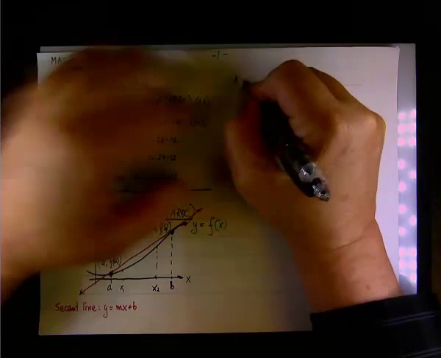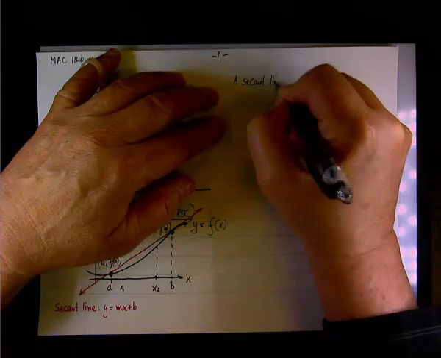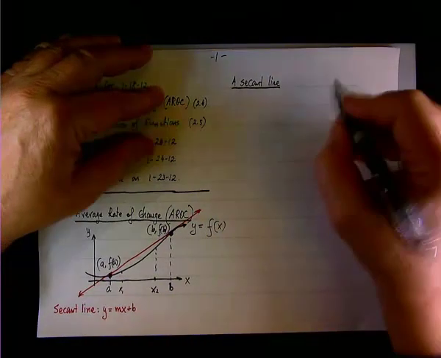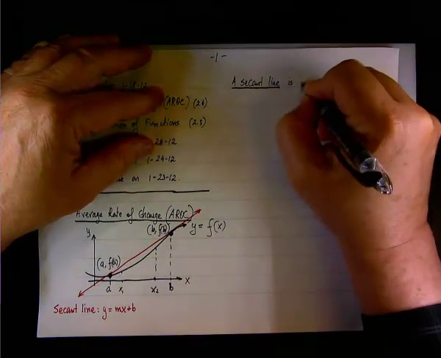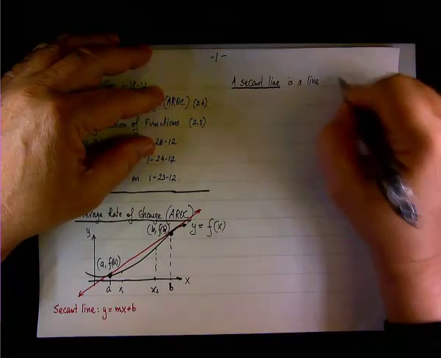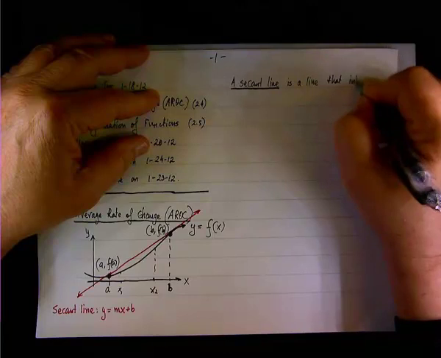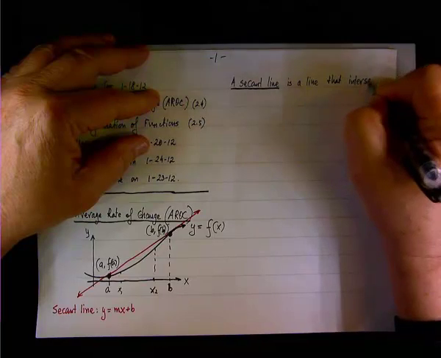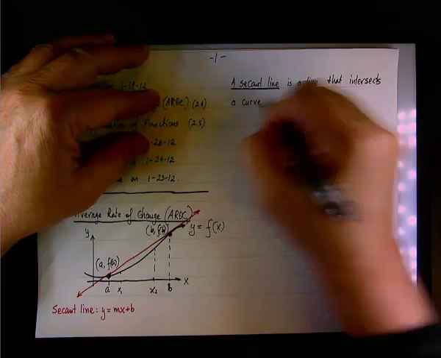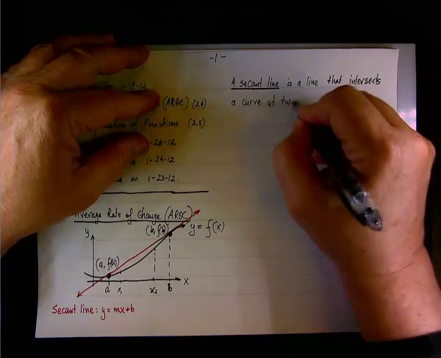So a secant line is a line that intersects a curve at 2 points.